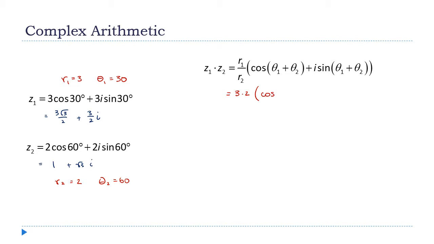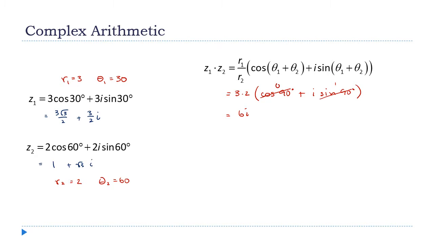Cosine of 30 plus 60, that's 90, plus i sine 90, those are degrees. Cosine of 90 is 0. Sine of 90 is 1. 3 times 2 is 6, so the product of these numbers is just 6i. And that's it. Really simple. Much simpler than it would have been to do this with the FOIL method.